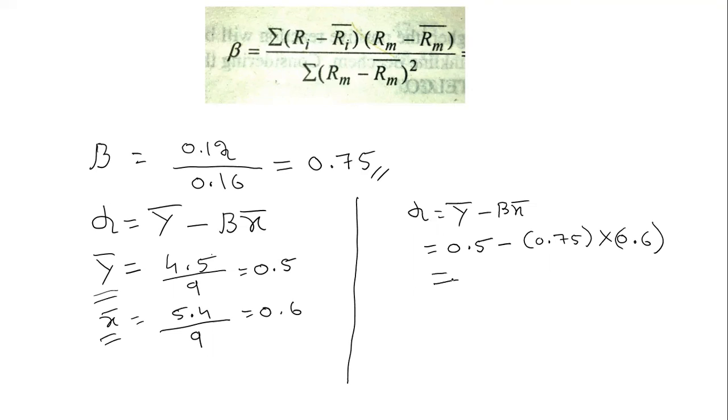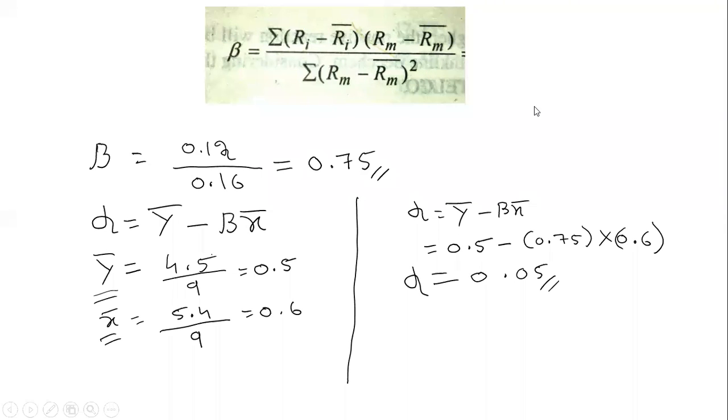So after calculation, the value of alpha is 0.05. So this is the first question that is over.